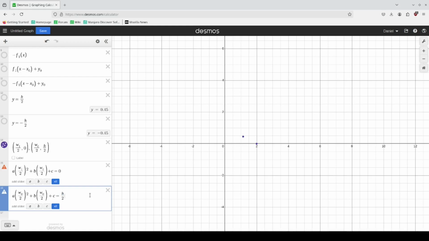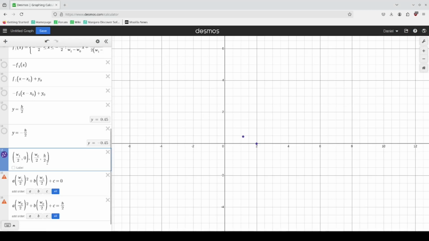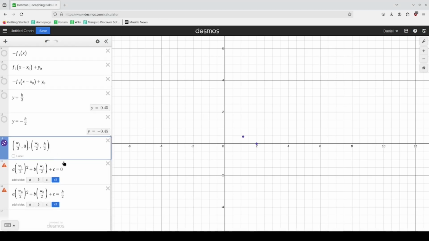So our goal is to find an equation that describes all parabolas that can fit these two equations. Right, before we start solving for parabolas, there is one equation I forgot about. And the idea is that when we hit this point here, we want the derivative of the parabola to be 0 because we want the parabola to start flat.